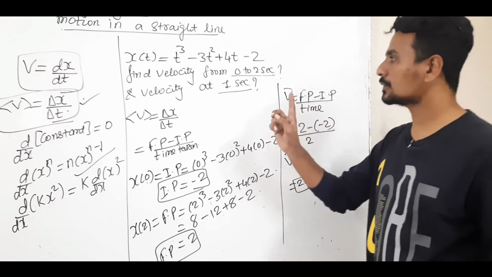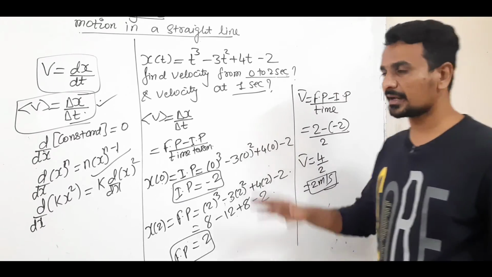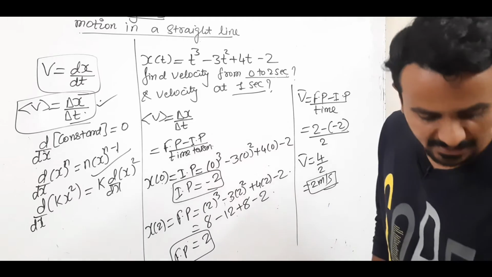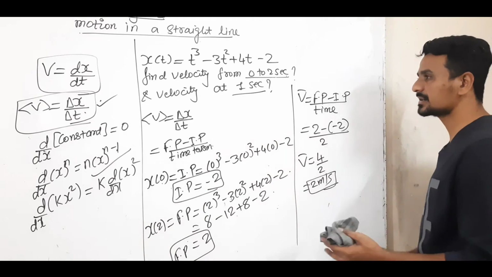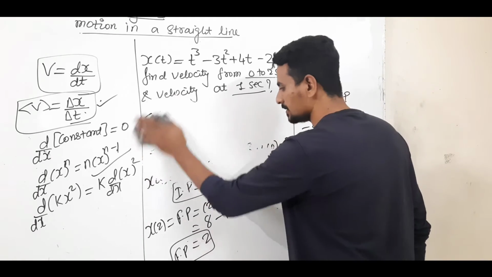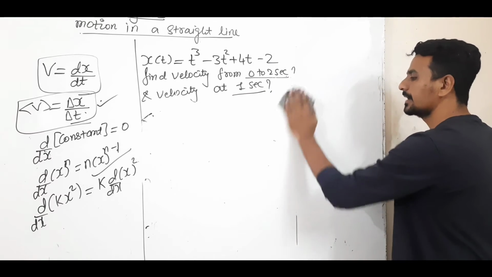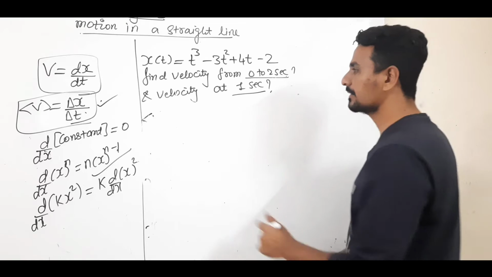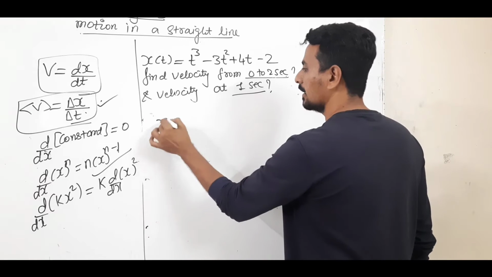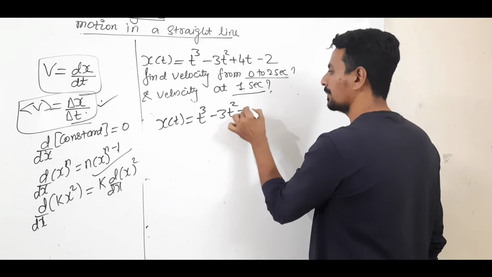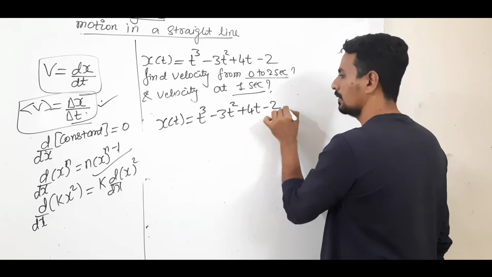Now we have also been told to calculate the instantaneous velocity at 1 second. Velocity at 1 second means it is instantaneous velocity. See how to get instantaneous velocity? Always go for differentiation in order to calculate instantaneous velocity. That means x of t is equal to t cube minus 3t square plus 4t minus 2.